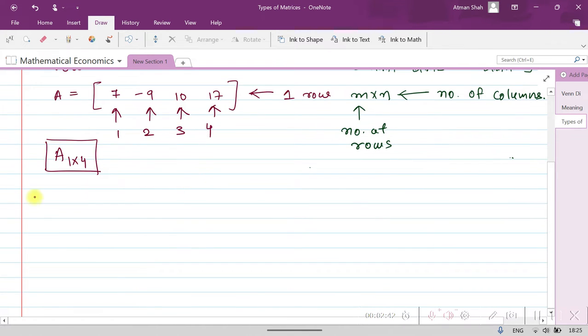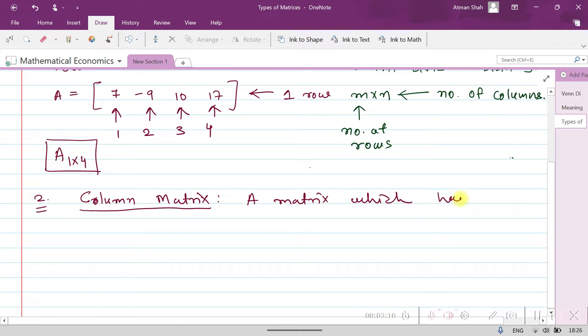Same way we have column matrix. So what is column matrix? A matrix which has only one column.